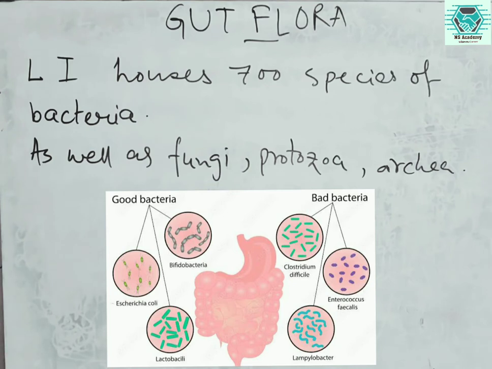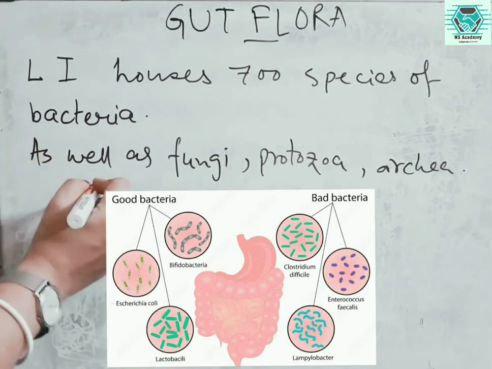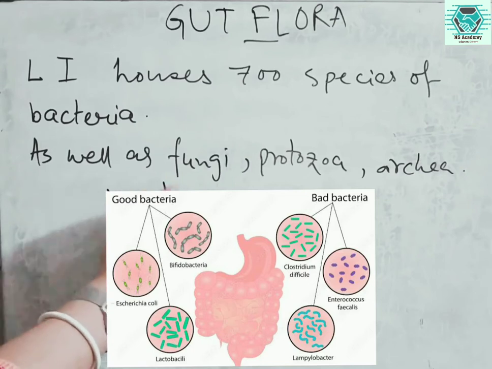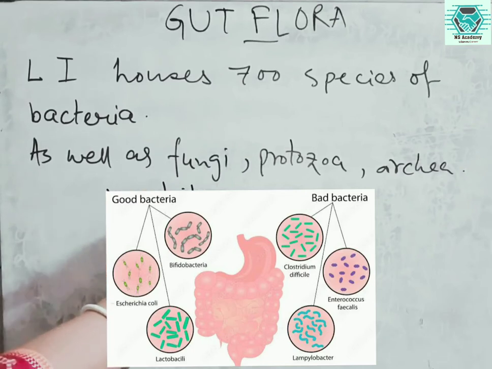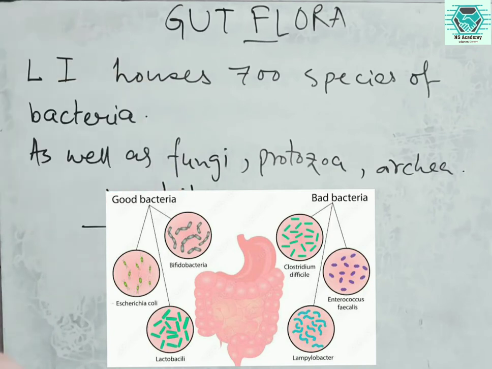The microbes in the human gut often number in the vicinity of 100 trillion. Can you imagine? And can weigh around 200 grams.